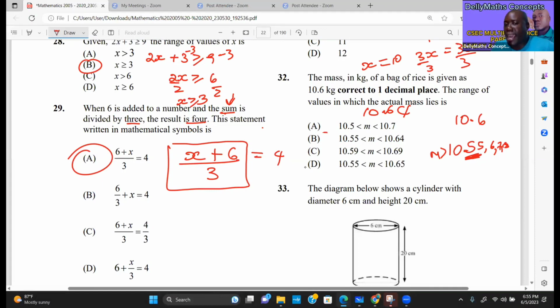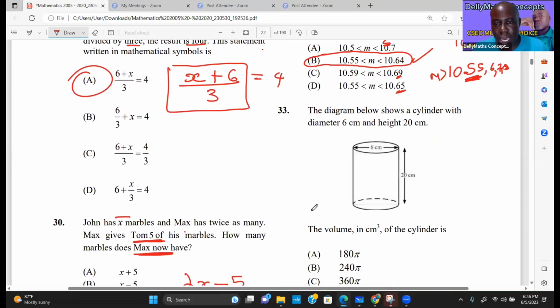So if I am between 10.55 and 10.64, my rounded answer to 1 dp is 10.6. This is the answer. Everything else would have messed up. This could give me 10.7, so that wouldn't work. This is already 10.7. So they're trying to see if you understand how to put together your numbers, and a lot of people did this problem badly as well.